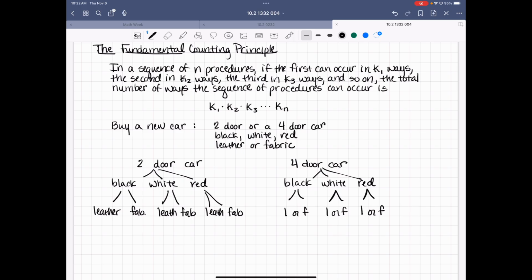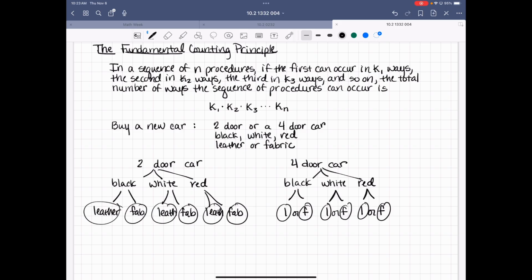12. 1, 2, 3, 4, 5, 6, 7, 8, 9, 10, 11, 12. So I can have leather black two-door, fabric black two-door, leather white two-door, fabric white two-door, leather red two-door, fabric red two-door, right?